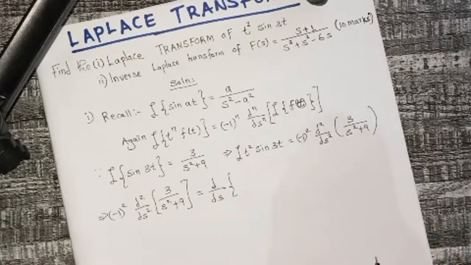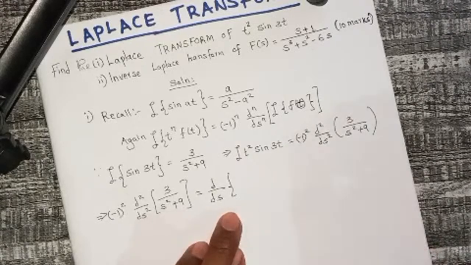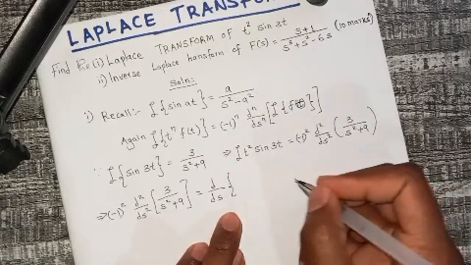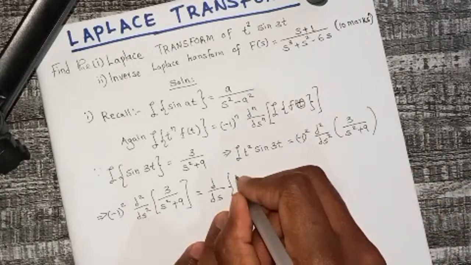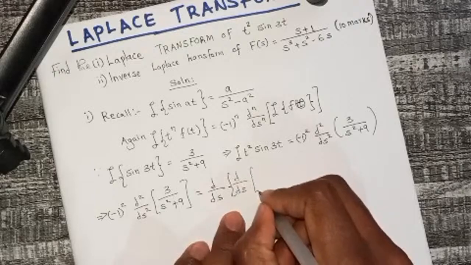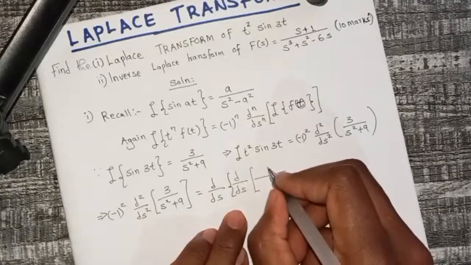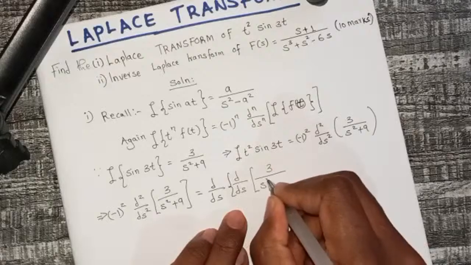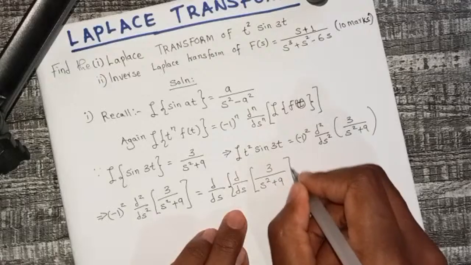Therefore this is equivalent to the first derivative d over ds of the first derivative, of 3 over s squared plus 9.